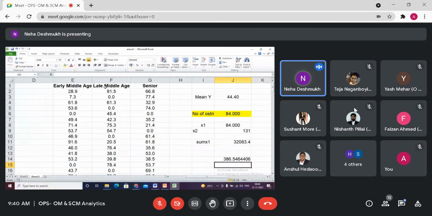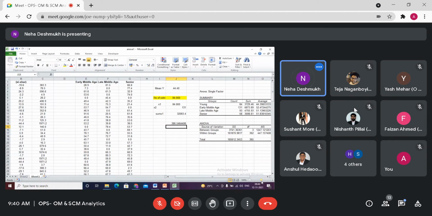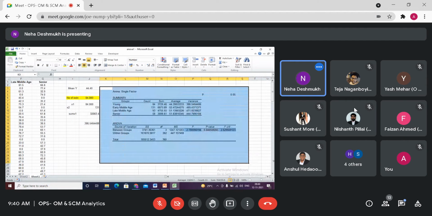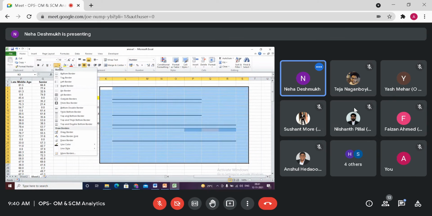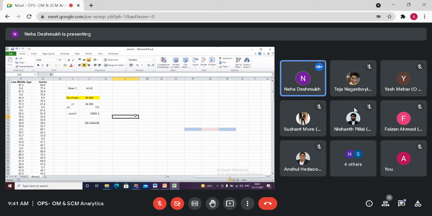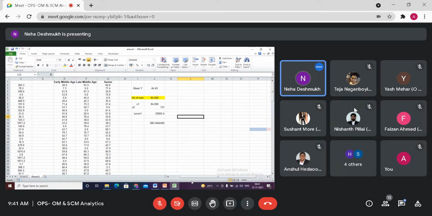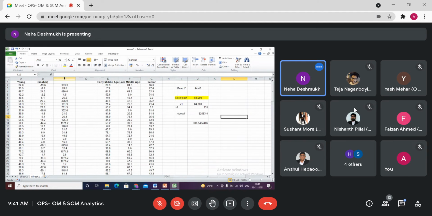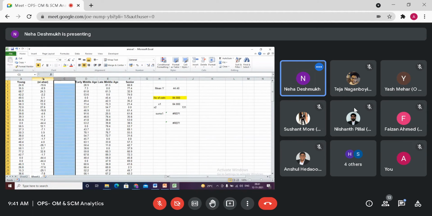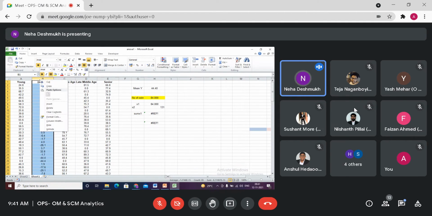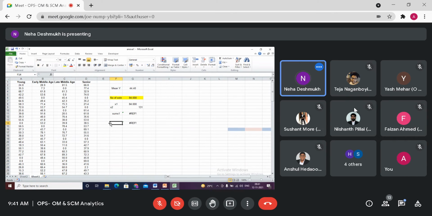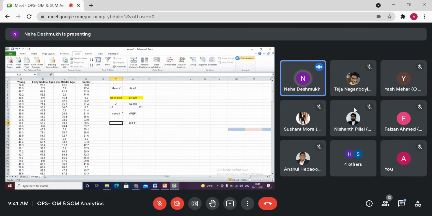We can calculate this here also. We did this in the last lecture, so let's calculate it again. Go to Data, Data Analysis, ANOVA: Single Factor.